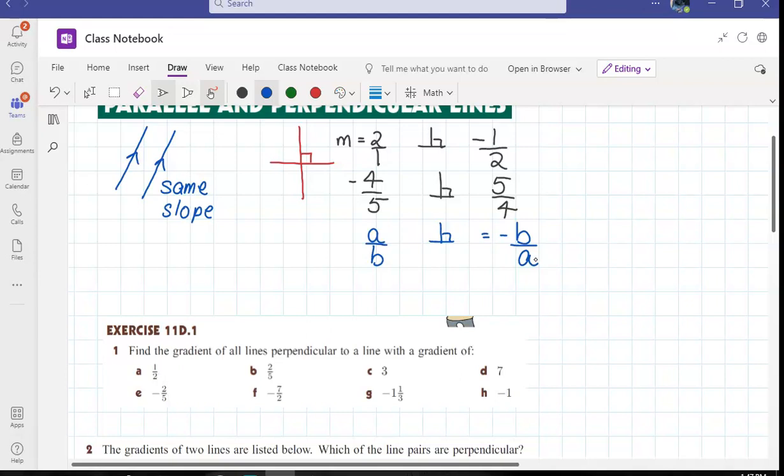Negative 4/5 times 5/4, they cancel, you get minus 1. So when you multiply a slope by its perpendicular, you should always get minus 1. Do you agree? Okay. I think you should put something in your notes so you would know, because we're going to ask you what is the perpendicular slope for things like that.